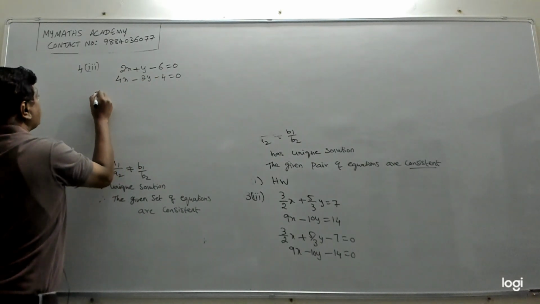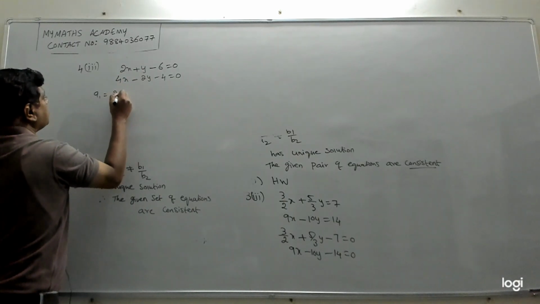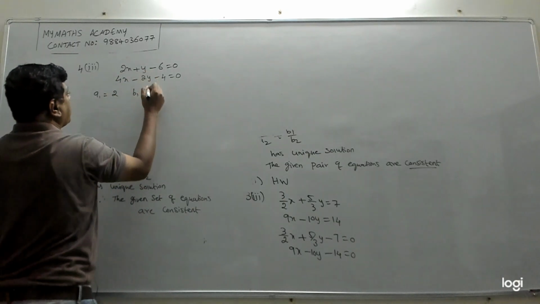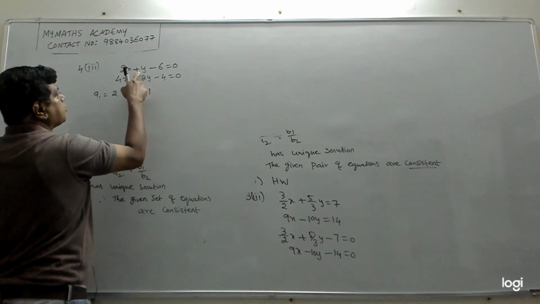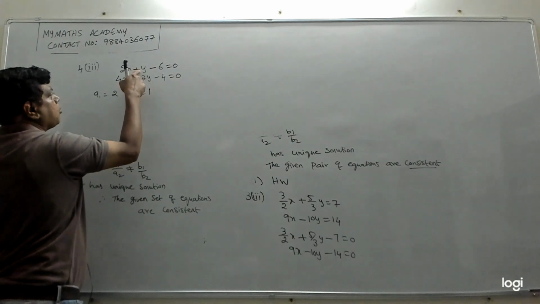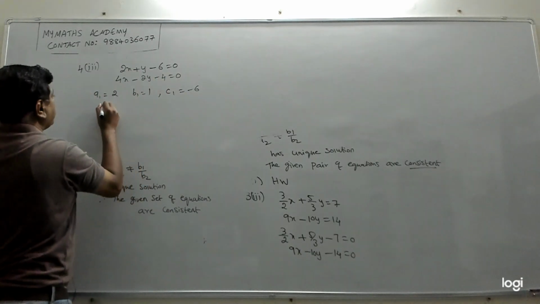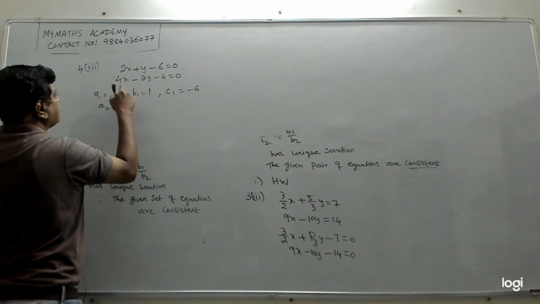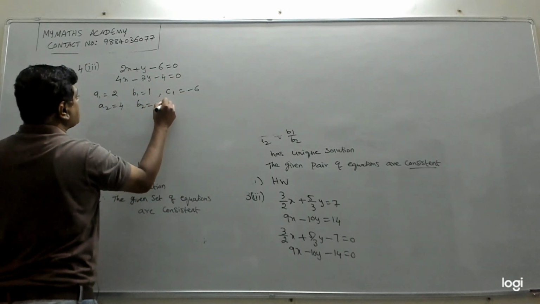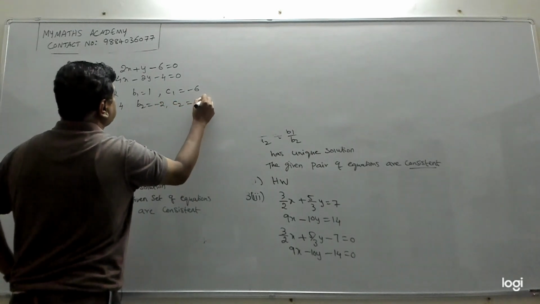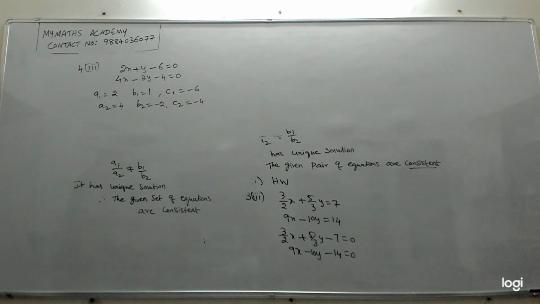So you get a1 becomes 2, b1 is 1, coefficient of y. Coefficient of y is what? 1. Nothing is there means coefficient is 1. Then C1 is minus 6. Then A2 is 4. B2 is minus 2. C2 is minus 4.